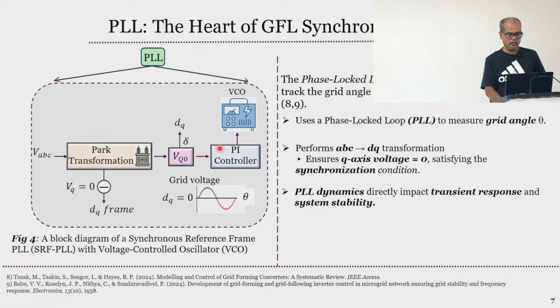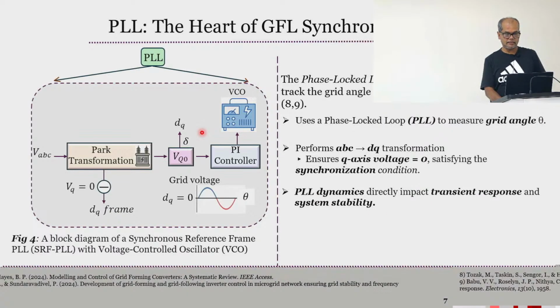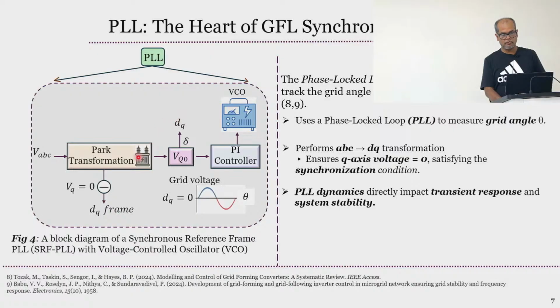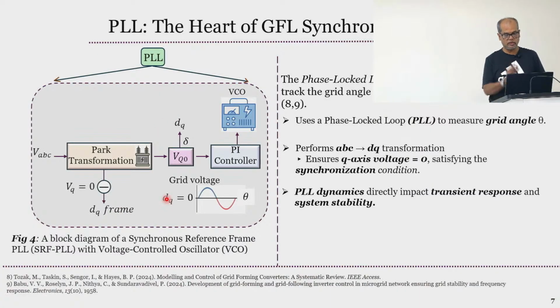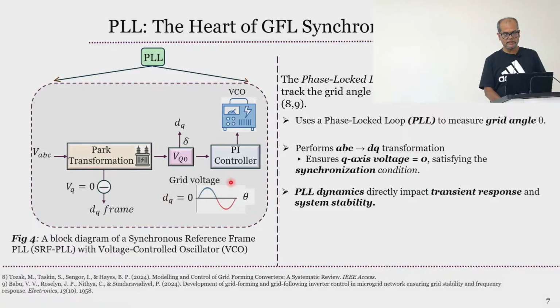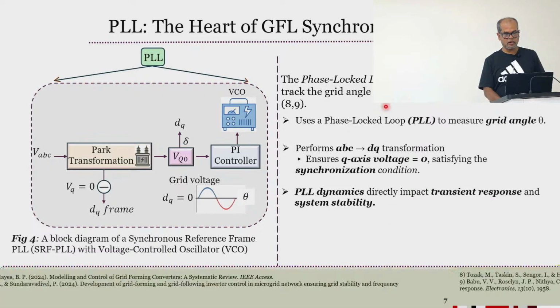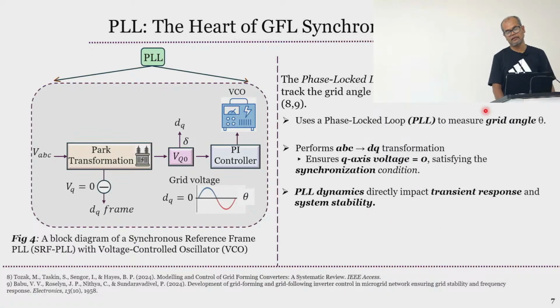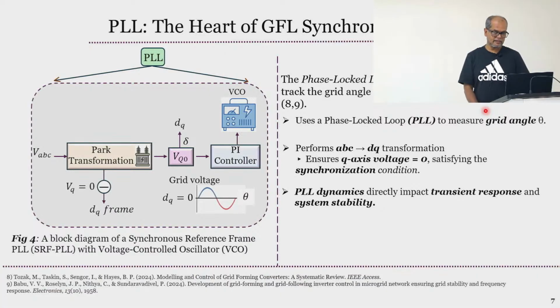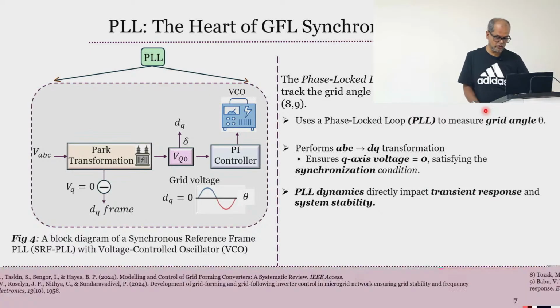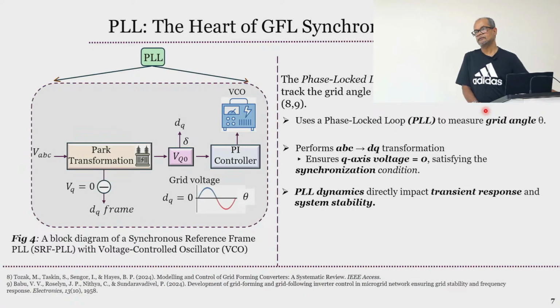Using that, we do the conversion, and then whatever control we design. As mentioned yesterday, in many cases you have outer and inner control loops, and sometimes only one loop. But here, with a grid following inverter, the PLL dynamics play a significant role in your transient and system stability.